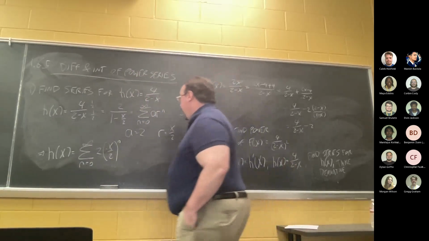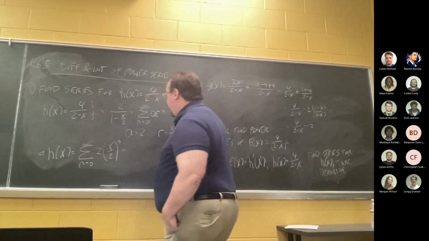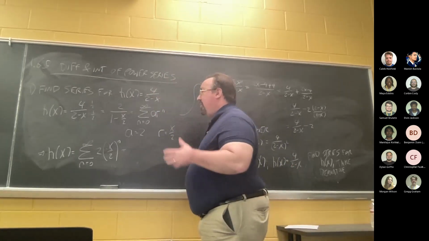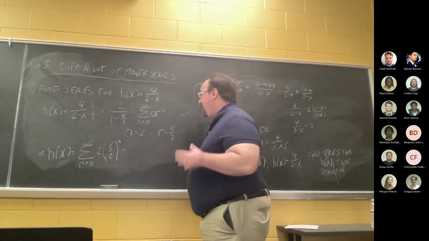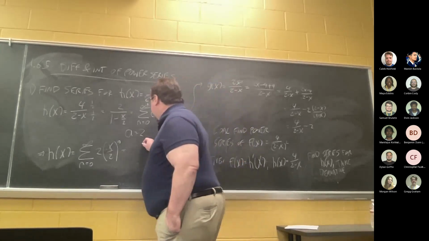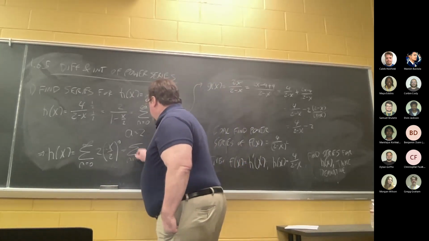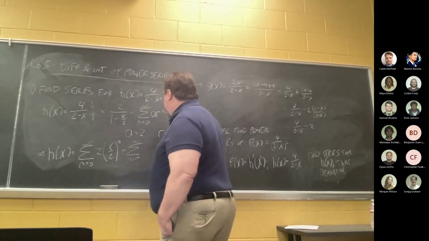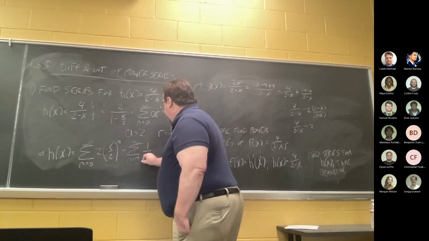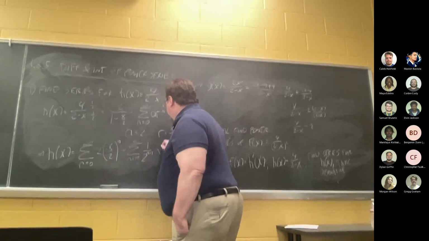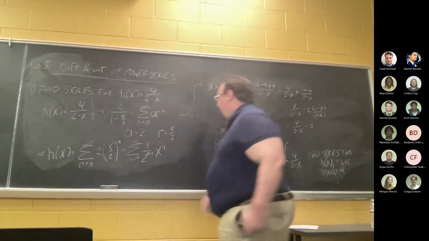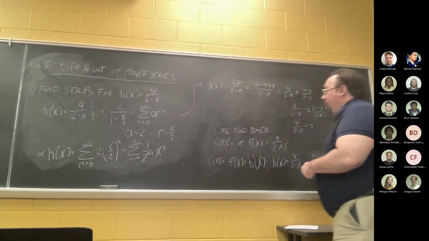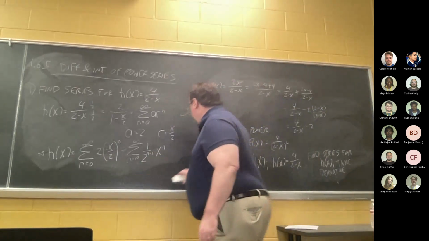Now, when I write a power series, whatever power of x I have, I'd like to have that written separately, and then everything else is a coefficient. So I have 2 divided by 2 to the n, that's 1 over 2 to the n minus 1, times x to the n. So that is my series for h.